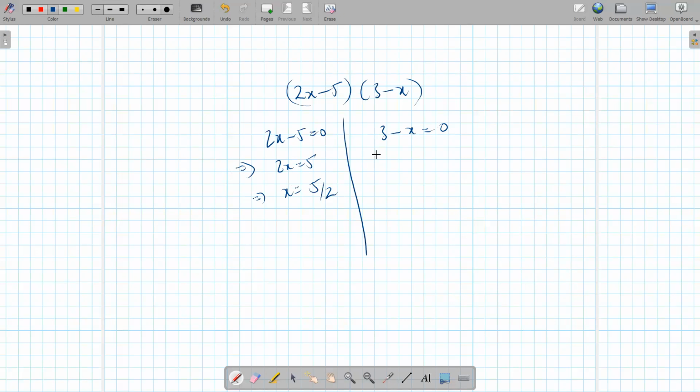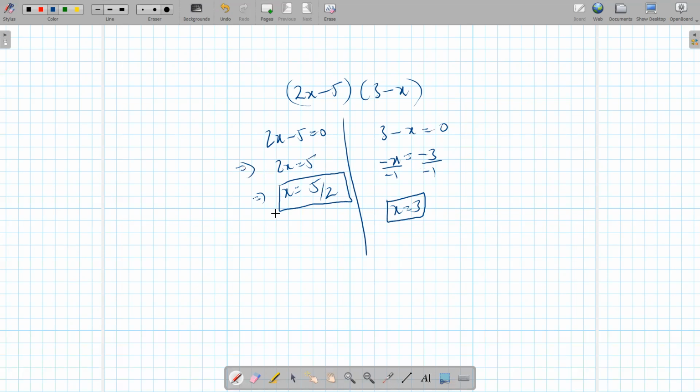You subtract 3. Right, so minus x is equals to minus 3, and then? You can either multiply by -1 on both sides or divide by -1 on both sides to kill the minus sign. You can do either. So you get x is equals to +3. There you go. So the x-intercepts are at +3 and 5/2.